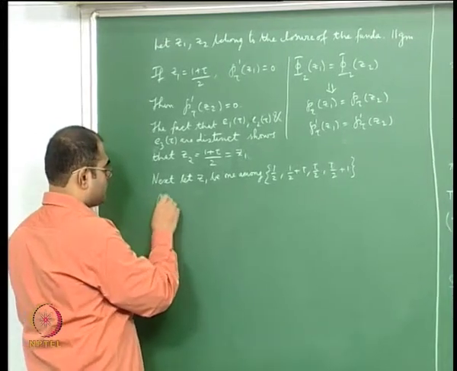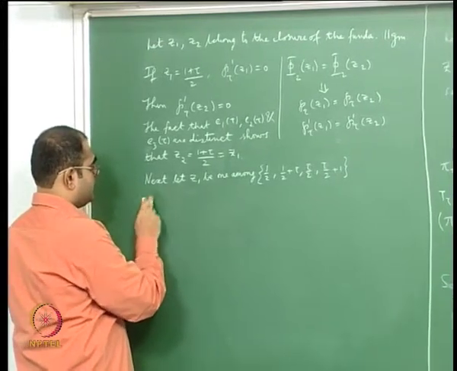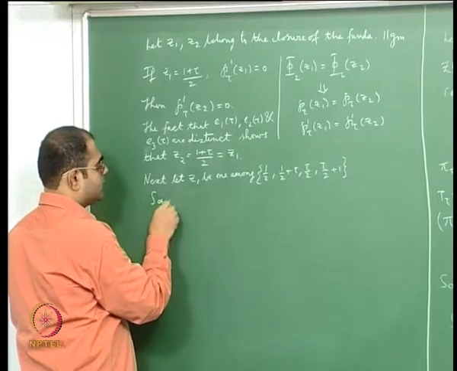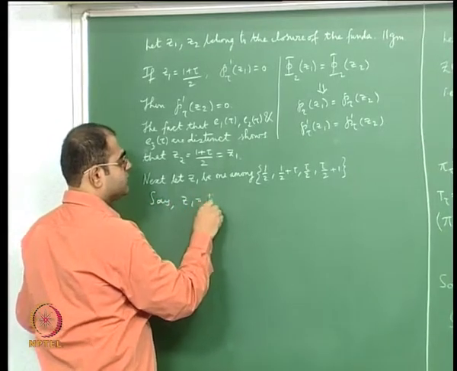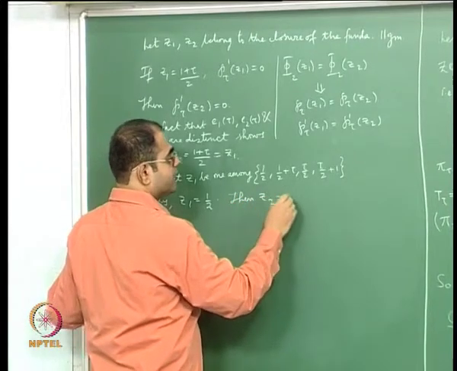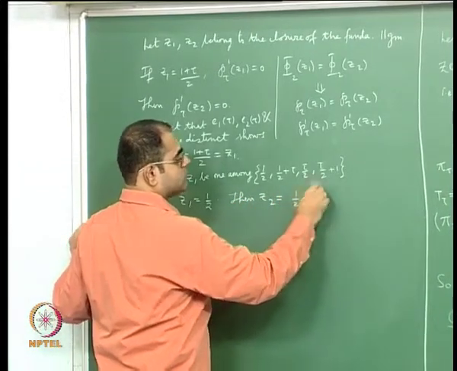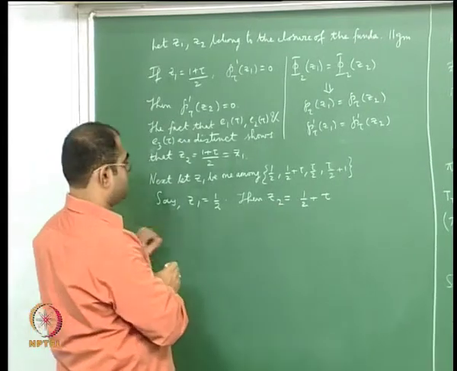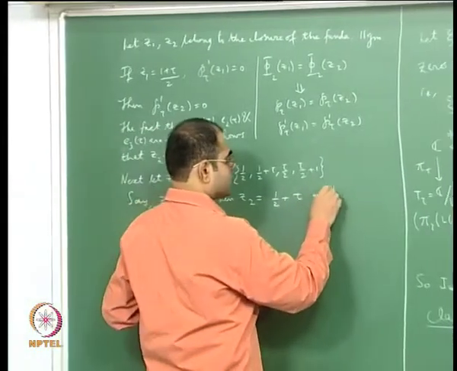So let me write that down. Say z1 is half, then z2 has to be half plus tau or half itself.